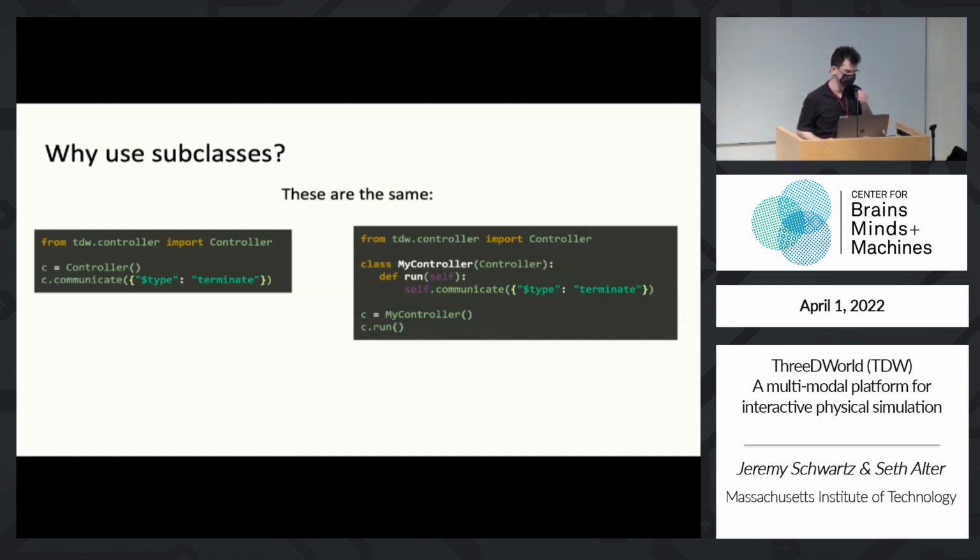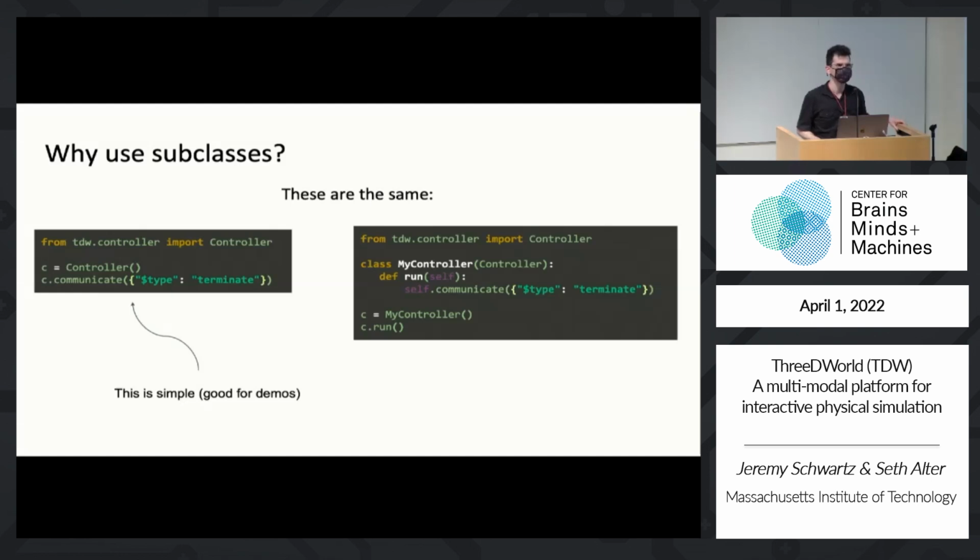The main difference is as follows. This one is simple. And if I want to show people how TDW works, I find, and most people find, it easier to read things like this, where it's just top to bottom. It's also good if you want to just try something or test something or make sure everything's working correctly: just write a quick controller and run it. And if it's fine, move on. This other one is more verbose.